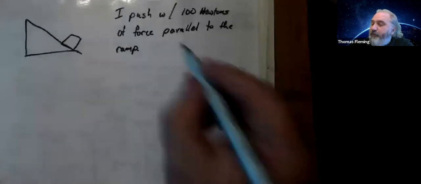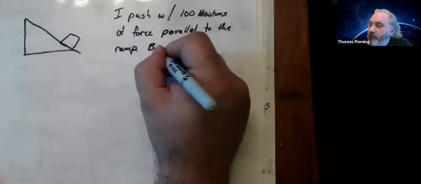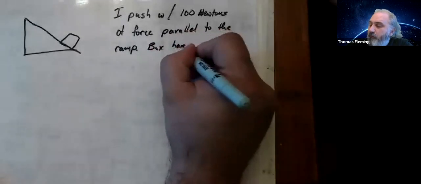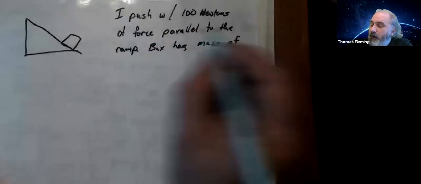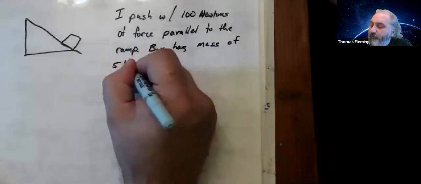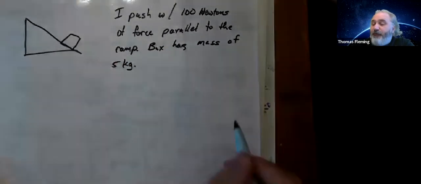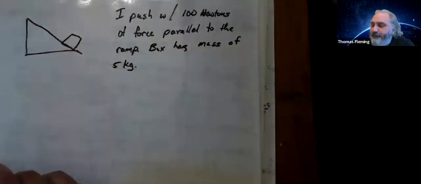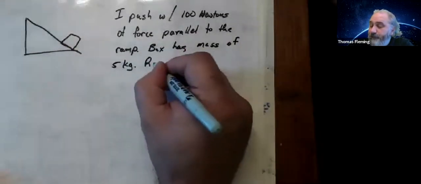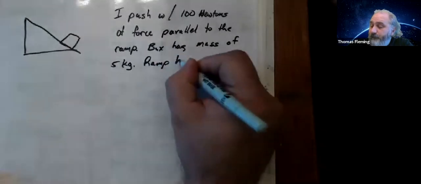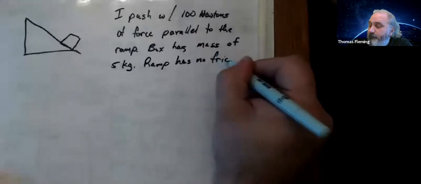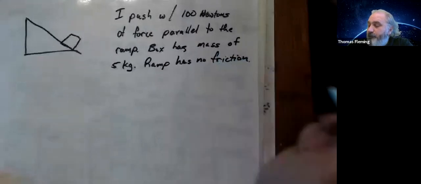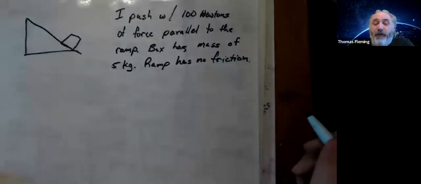All right. Let's say this box has a mass of, let's say, 5 kilograms. And the ramp itself is slippery. Right? What's the acceleration of the box?